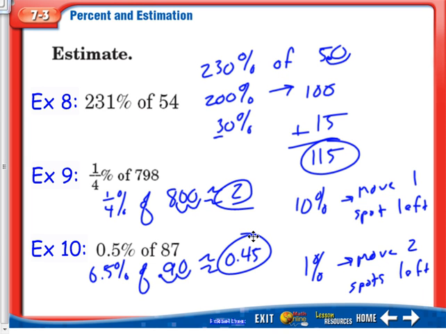So 0.5% of 87 is about 0.45. So again, we did estimating using fractions, we did estimating using the 10% method, and then this last page gives us a few examples of fractions and greater than 100% estimations. So please use your notes to help you with your assignment.